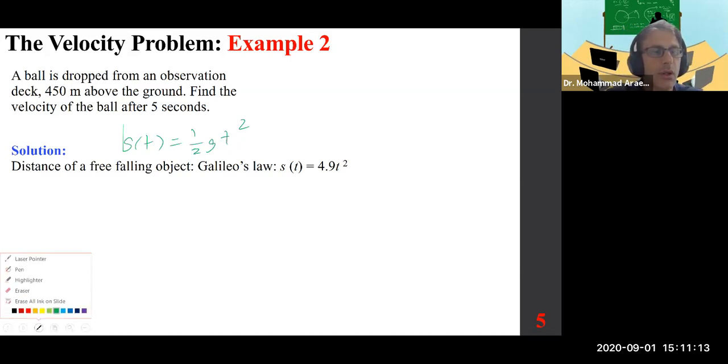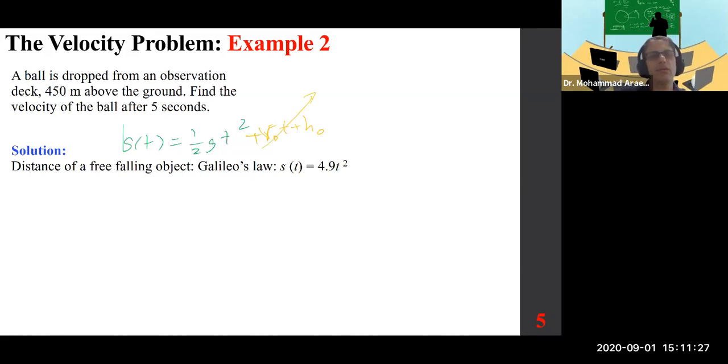For the complete formula, we also have plus v sub 0 t plus h sub 0, and since this is a free fall, we don't have this. In any event, I want to erase that so I can give you room.